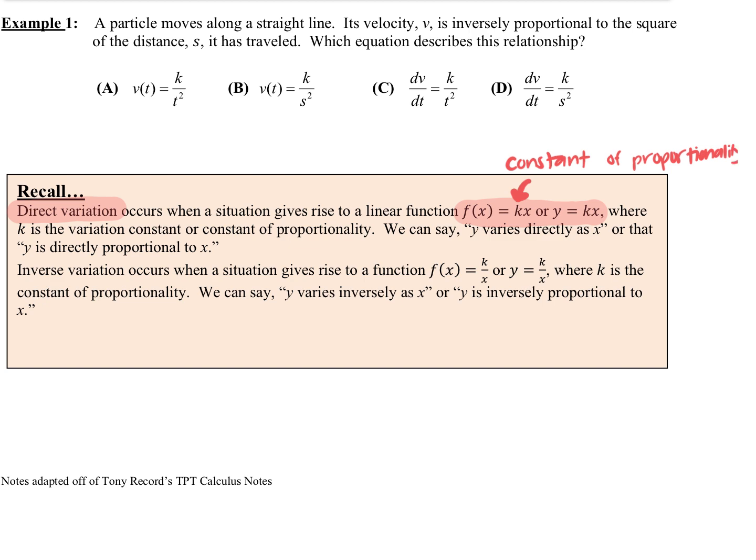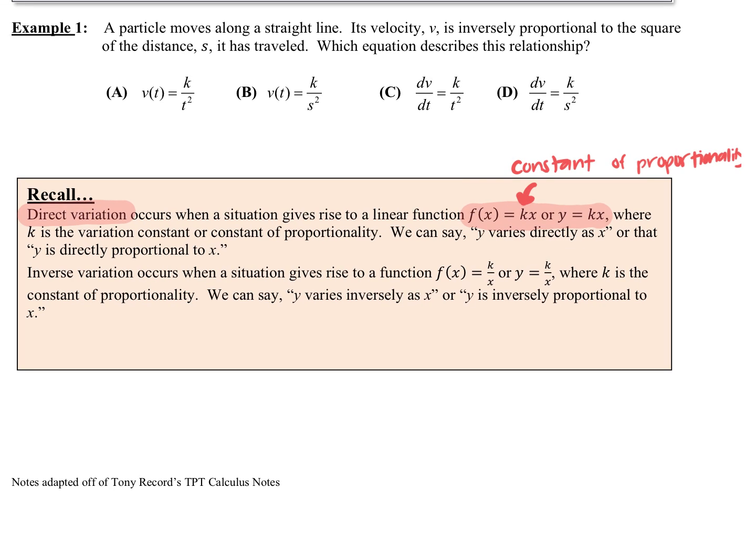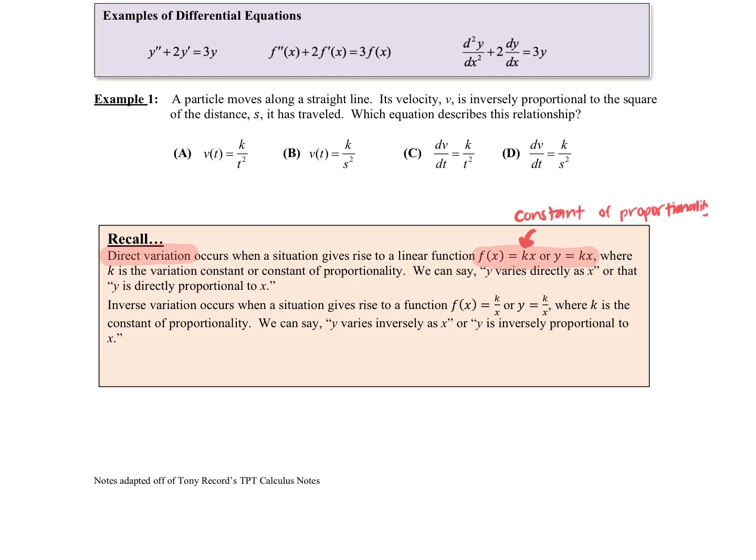And then inverse variation happens when we have our constant divided by x. So f of x equals k over x, or y equals k over x. And again, k is your constant of proportionality.